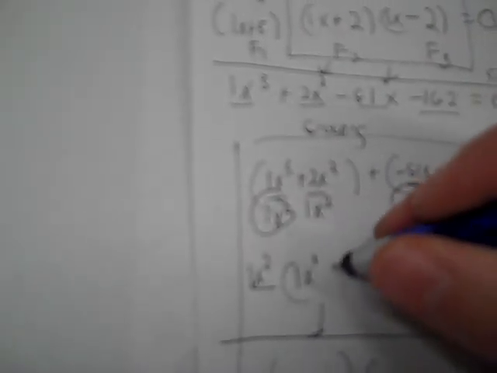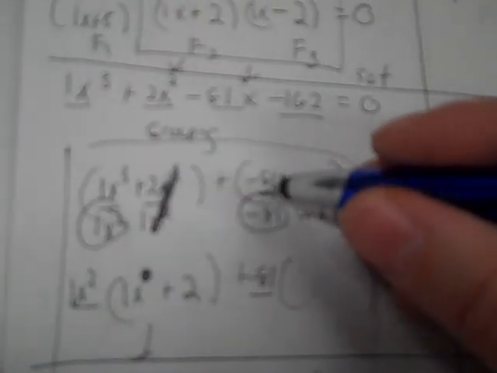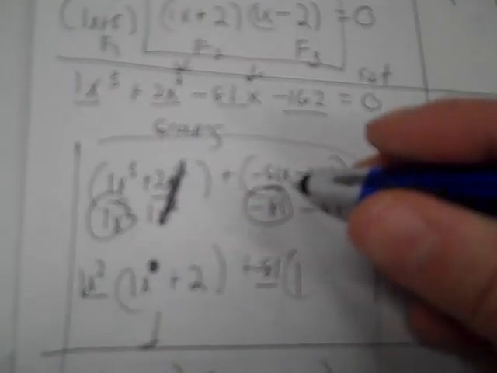So 1x second goes out, and negative 81 goes out. It's like I'm unmultiplying it. 1 divided by 1 is 1, and 3 minus 2 is 1, x to the first. Positive 2 divided by positive 1 is positive 2, and then 2 minus 2 cancels out. Get rid of your first power. Negative 81 divided by negative 81 is 1 with x.